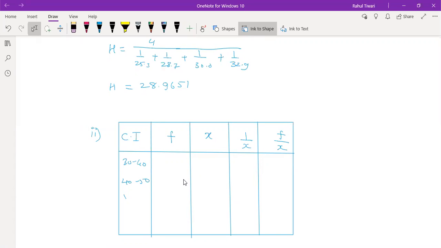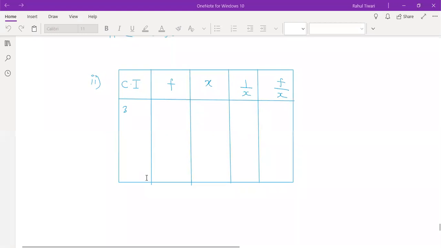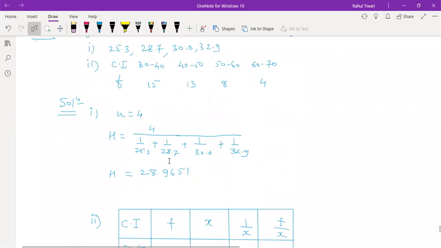Just work out, everybody, and let me know the answer of this. This is 30 to 40, 40 to 50, 50 to 60, 60 to 70. 60 to 70 is there, right?